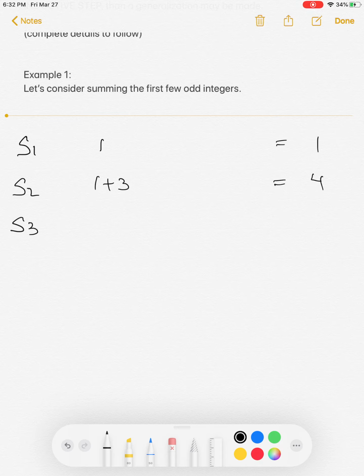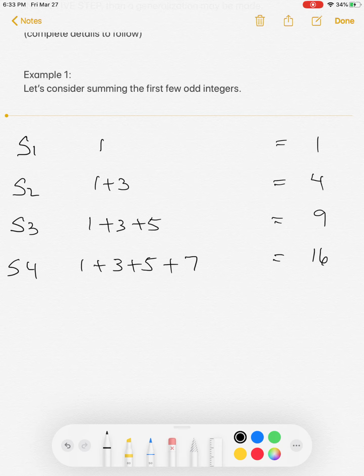S3, summing the first three odd integers: 1 plus 3 plus 5 equals 9. S4, summing the first four odd integers: 1 plus 3 plus 5 plus 7 equals 16.